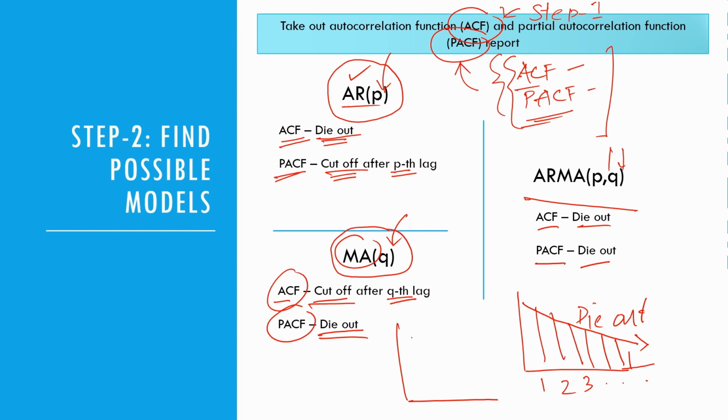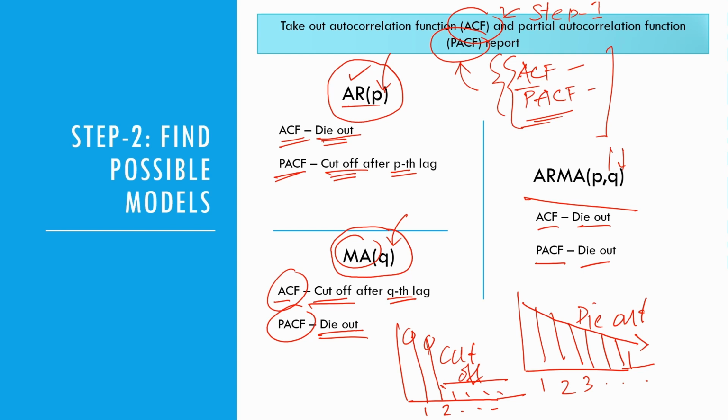And what is cutoff? Cutoff means the first one or two are significant, then suddenly it is zero. This is the first lag, this is the second lag, and so on. So the first one or two are significant, and then all are zero. So this is a cutoff behavior.